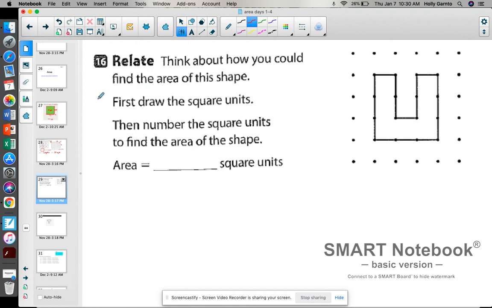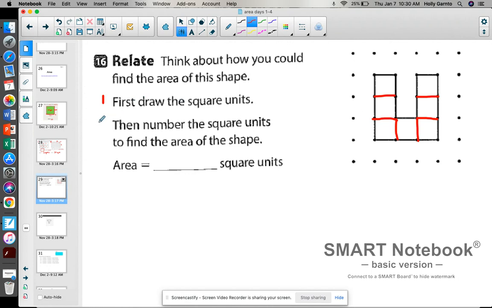So it says first draw the square units. So remember we did this last week when we tiled rectangles. We can just draw the squares, kind of like connect the dots. Now I can see those individual squares.